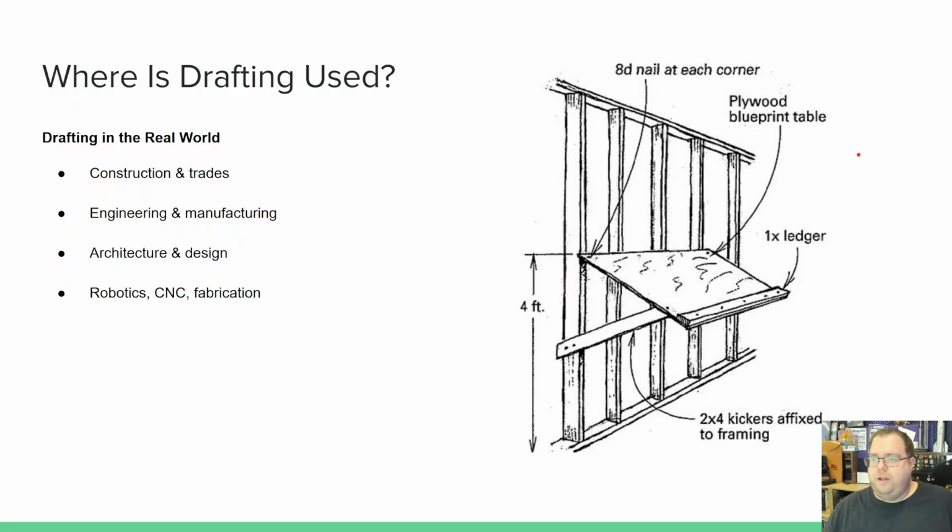So the question is, where is drafting used in the real world? Well, the answer to that is almost everywhere, especially in the construction trades. You're going to have detailed mechanical and architectural drawings of the structures that you're going to build. You'll have engineering and manufacturing drawings in order to create precise parts.